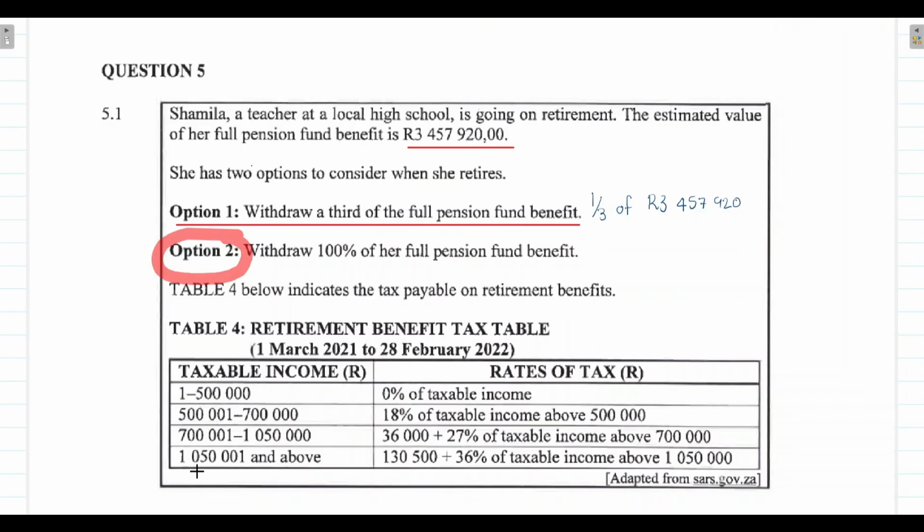We know that 3,457,920 falls within the bracket that is above 1,050,001. So we need to use this row to help us calculate how much tax Shamila is going to pay. Let's write that down.